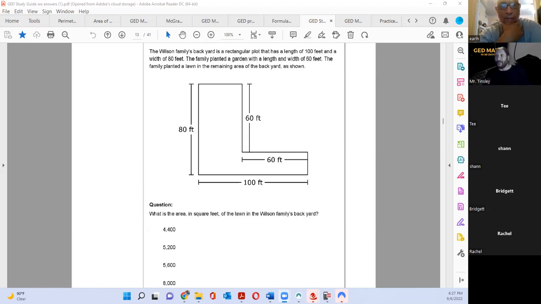So how many shapes do we have here? 2 rectangles. So let's just divide it up that way. I'm going to draw a line here, call this rectangle 1 and this rectangle 2, and change the color on rectangle 2.